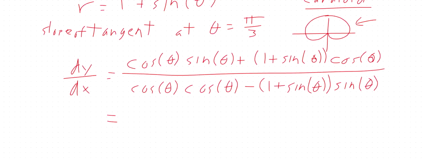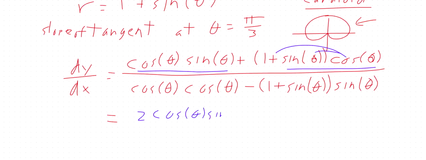On top, we have a cosine sine. When we do the distribution, we have another cosine sine. So we have 2 cosine sine plus cosine.